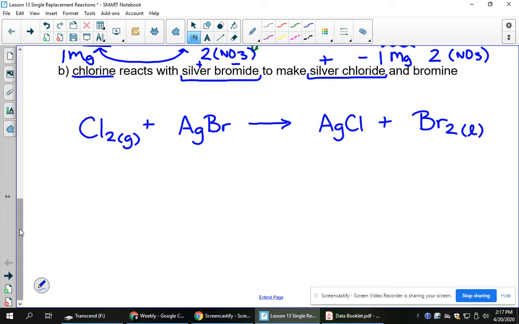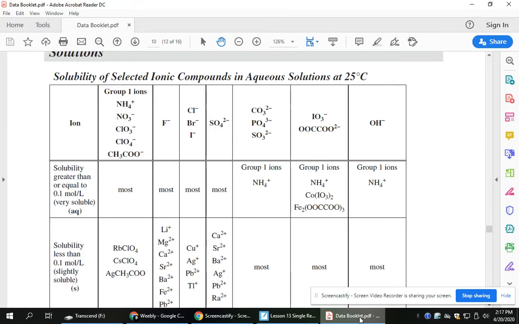Now I need to figure out my states for silver bromide and silver chloride. So to my data booklet I go. I'm looking on the top for bromide and chloride, and they are both at the top in column 4. So I'm going down, and what I've got with them is silver.